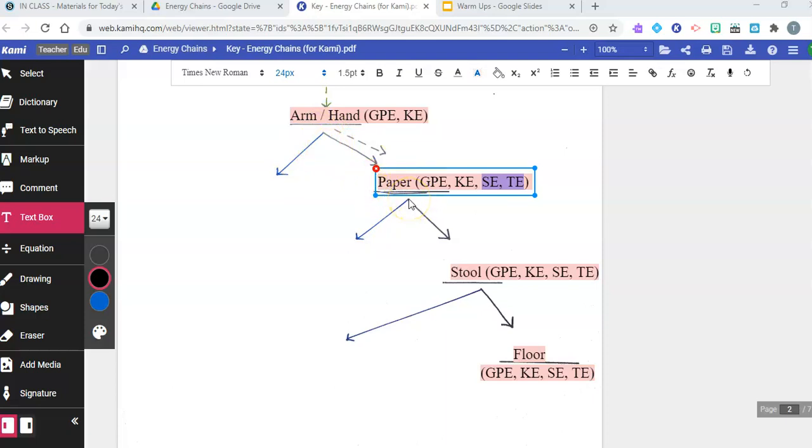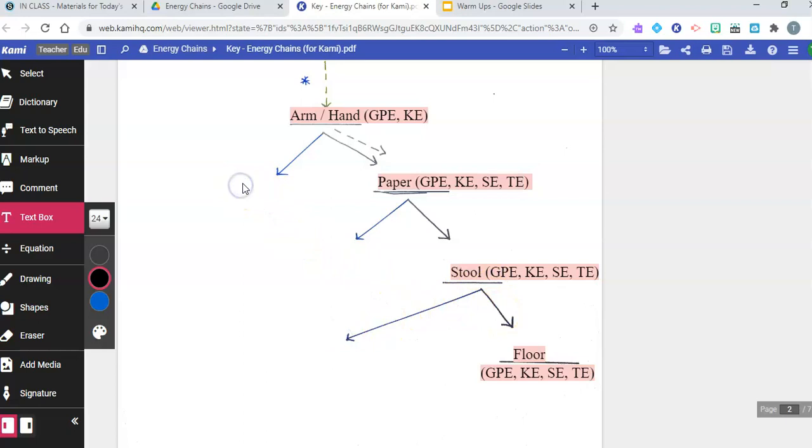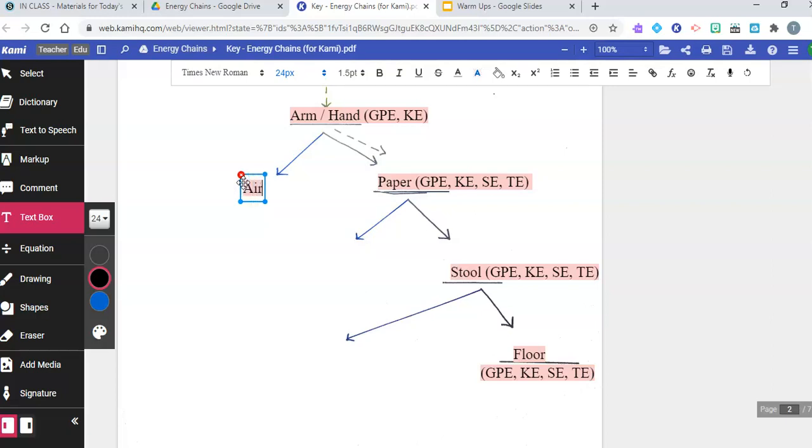The energy of the paper was transferred to two different objects at the same time. And the energy of the stool, the falling stool, was transferred to two different places at the same time. The second location that the energy went for the moving hand, the moving paper, and the falling stool is air. So we're going to add air.